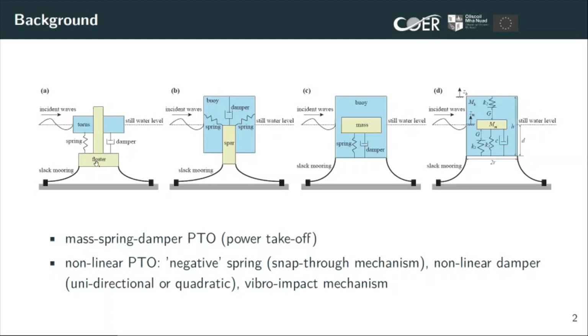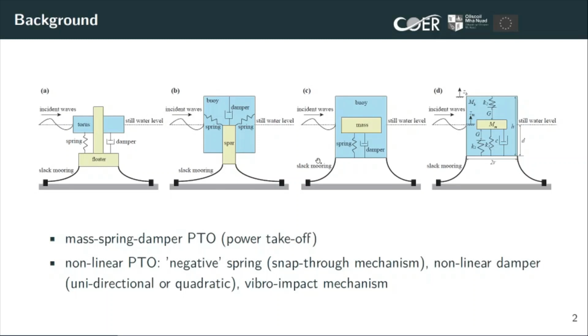In a simple way, the PTO can be modeled as a linear mass spring damper as shown in Figure A. Some studies show that a properly designed nonlinear PTO can enhance the system performance as shown in Figure B. A snap-through mechanism by two oblique springs can achieve negative stiffness.